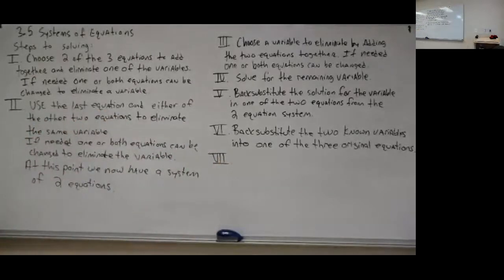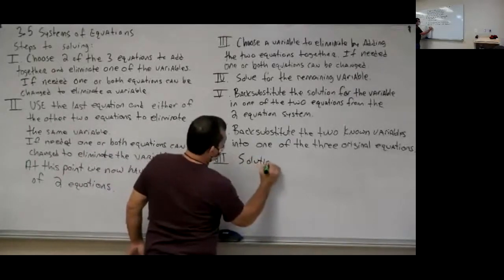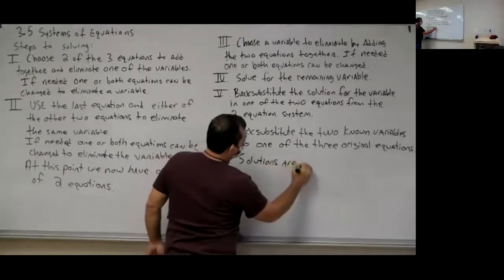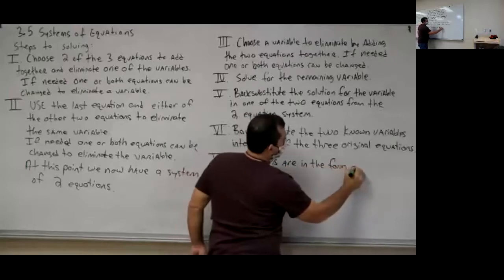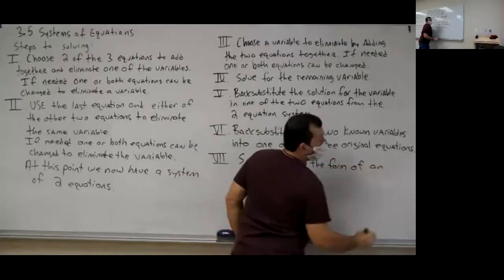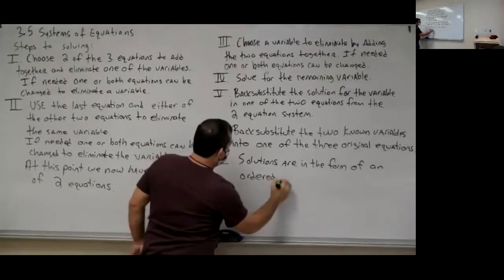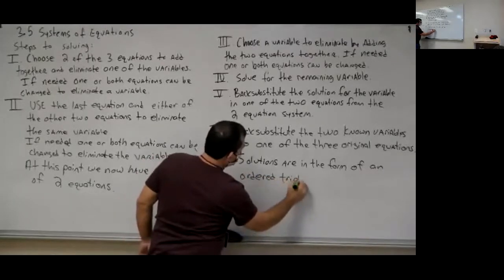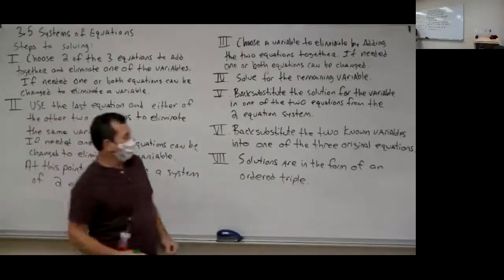So your solutions will come in the form of an ordered triple. It is basically the same thing as an ordered pair.